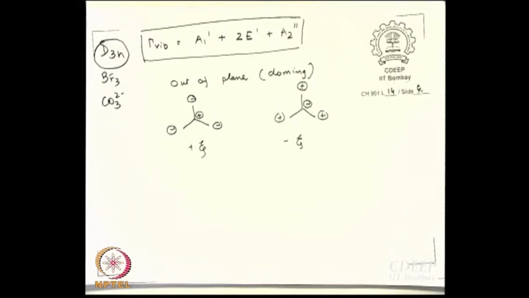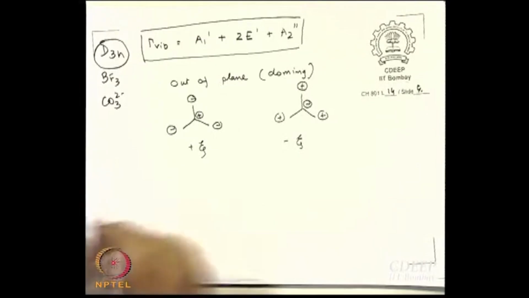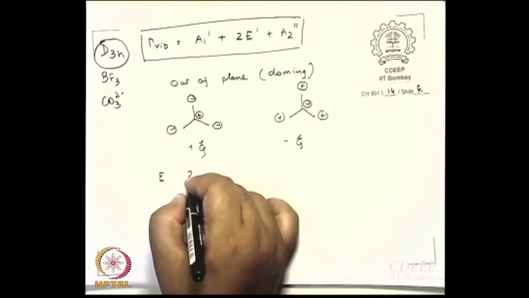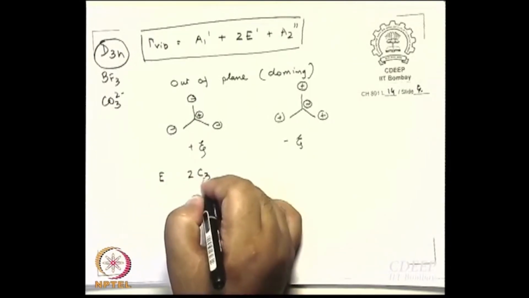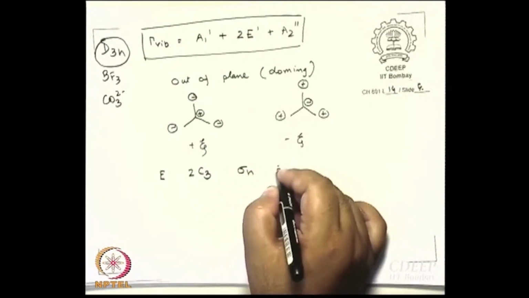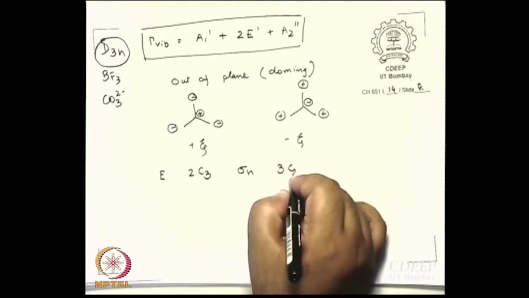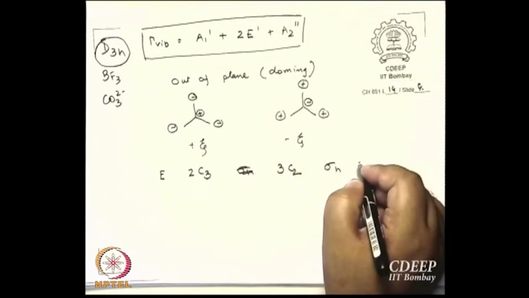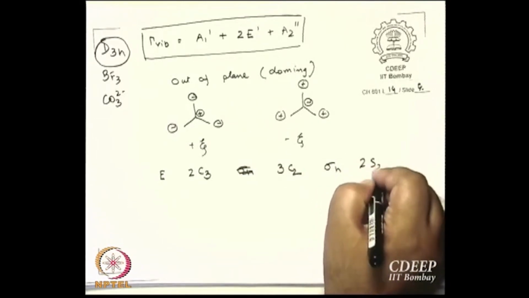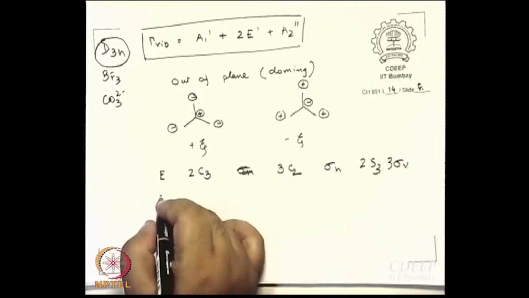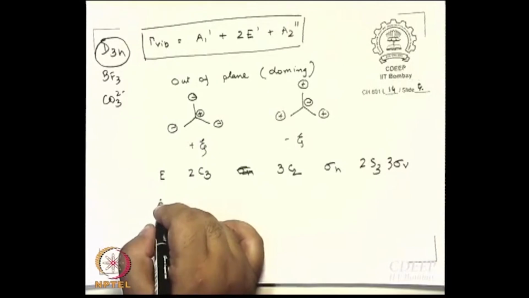Now can we apply the symmetry operations and see what the characters will be? Let us see. What are the symmetry operations? E, then 2C3, just C3 is enough, then sigma H, then 3C2, oh 3C2 comes earlier, isn't it? Then sigma H, then 2S3, then sigma V. How many? 3. What will be the character of E? Of course 1.